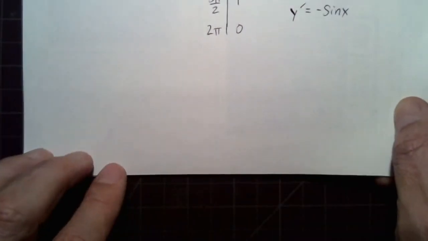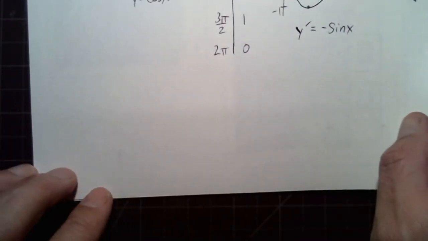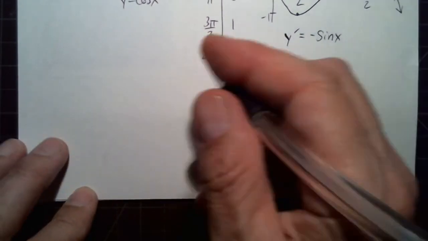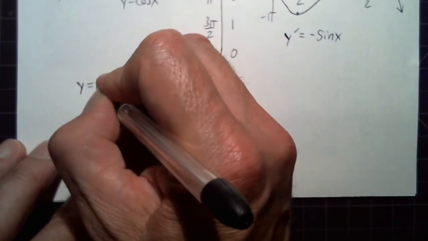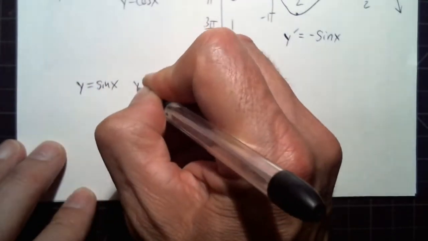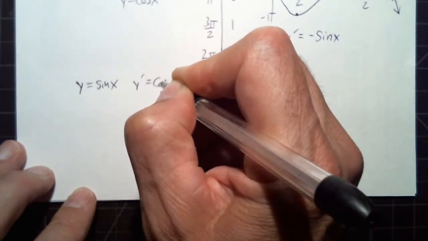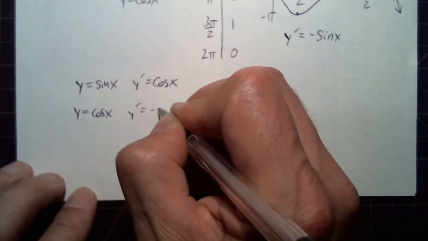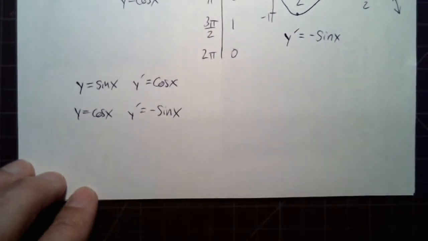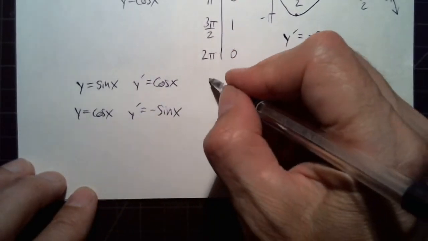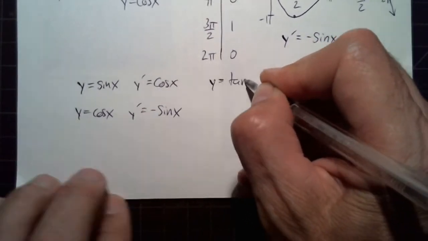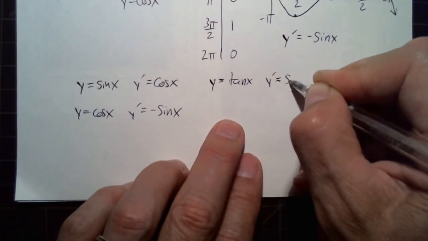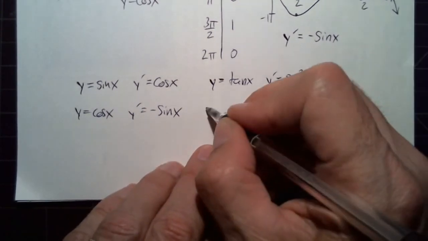And then let's just look at the derivatives of the 6 trig functions. And you'll have to memorize these. If y equals sine x, we know that y prime is cosine x. If y equals cosine x, y prime is negative sine x. If y is tangent x, then y prime is secant squared.